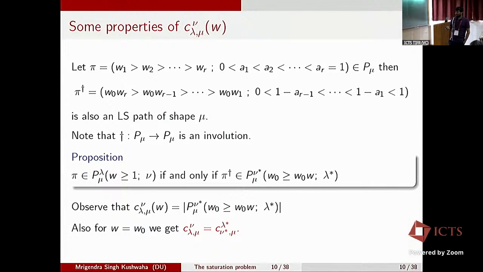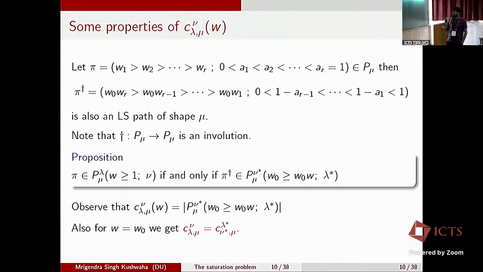Also, if we observe closely, if I take a path pi in this set, that is, the path of shape mu, which is lambda dominant, initial direction less than or equal to W, and there is no condition on the final direction, and suppose it ends at nu, that is, lambda plus pi 1 is nu, then pi dagger will again be a path of shape mu, but now it is nu star dominant.